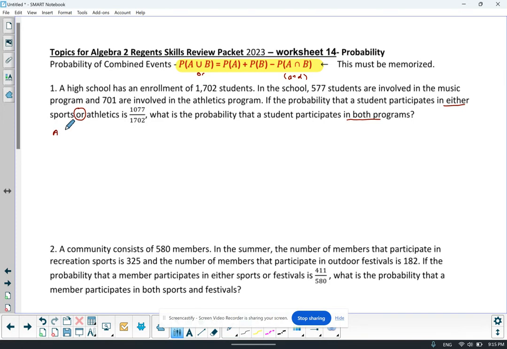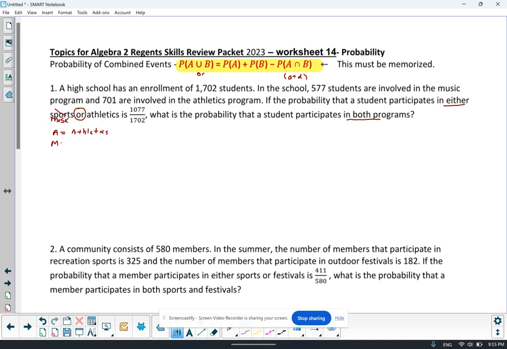So if I say A represents athletics and, I think there's a mistake in the problem, so I think this should be music.